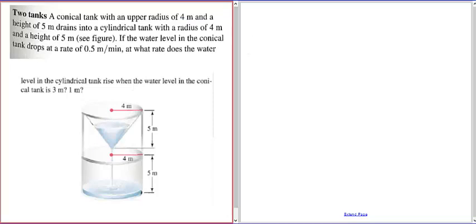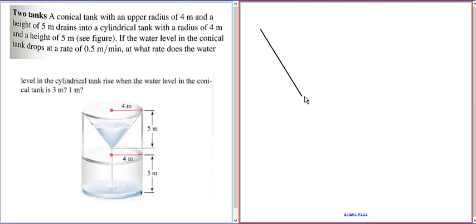So let's draw a two-dimensional picture here, just to relate things. We have this conical tank, and what we know is that the radius here is 4 meters when you go the entire height of the cone, which is 5 meters.